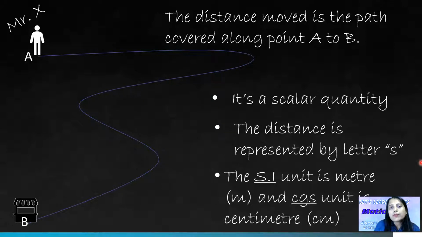If some of the units given in the question paper are in the SI system and some of them are in higher or lower units, it is always advisable to convert them into SI units and solve your sums, right? So at the end of this slide, we have concluded that distance is nothing but the total measure of the total path covered.